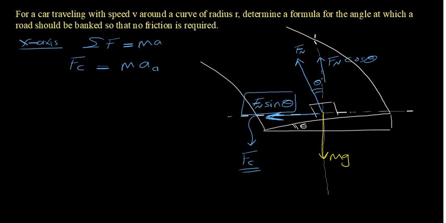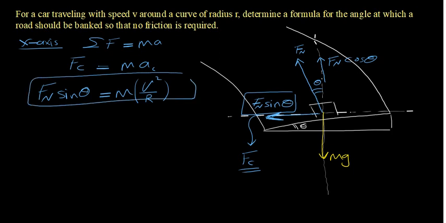As I mentioned before, the x component of the normal force is the one acting as centripetal force. So that's Fn sine theta equal m times centripetal acceleration. In fact, I can replace it with v square over the radius, the radius of the curved road and the velocity of the car, which is uniform, as I mentioned previously. That's the first part, and I'll stop here for a bit.